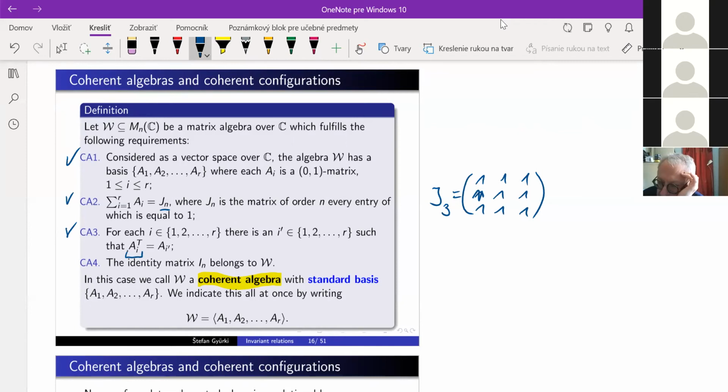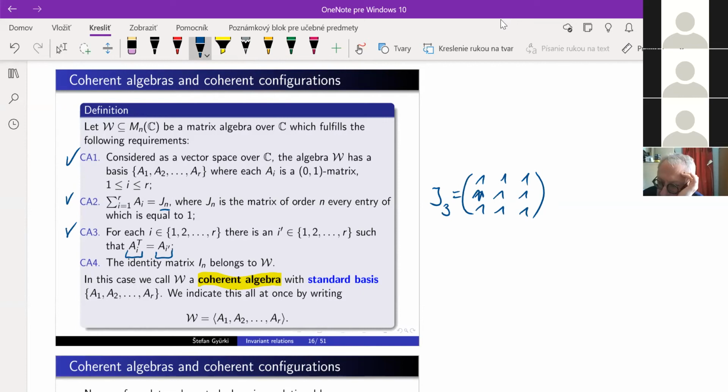then its transpose should also be in the matrix algebra. This corresponds to the requirement that if I have a 2-orbit, then its transpose relation is also a 2-orbit.